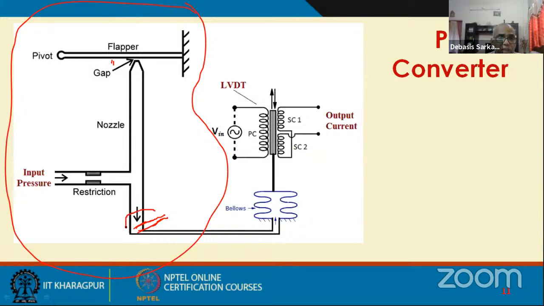Now, this output pressure is received by these bellows. So the bellows will expand. Now this bellows is connected to this core. So this pressure goes inside the bellows, the bellows expands, so the core also moves up.